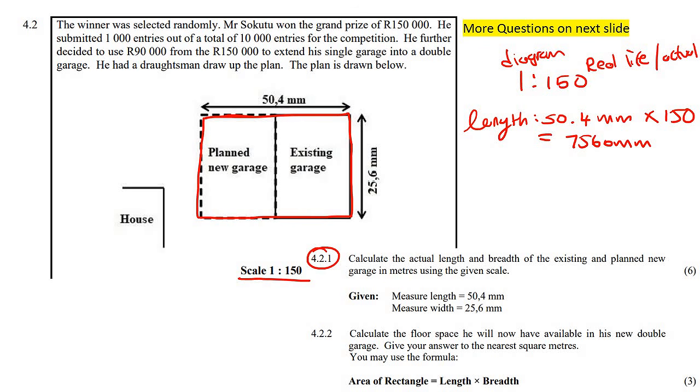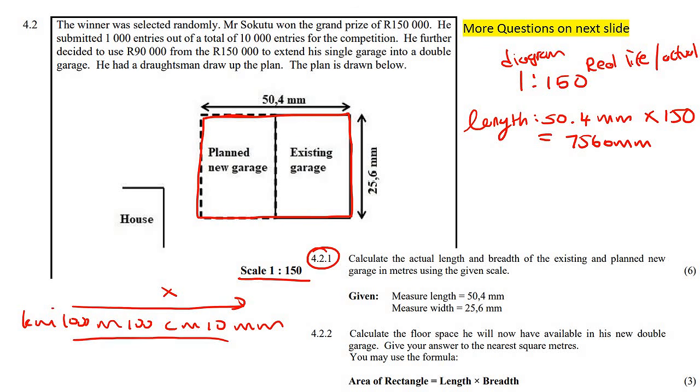So to do that, we know that we've got kilometers, meters, centimeters, millimeters, and when you go this way, there's 1,000 over here, 10, and then 100, and when you go this way, you multiply. When you go this way, you divide. Okay, so if we want to convert millimeters to, what are we going for?